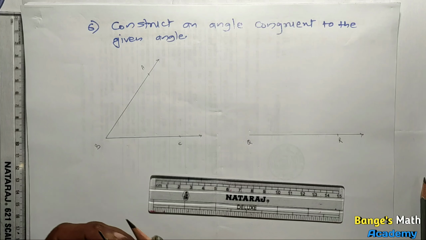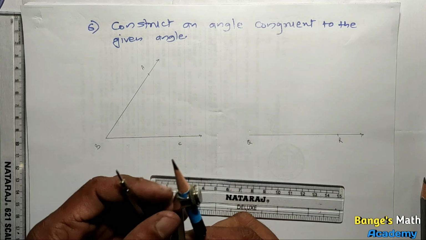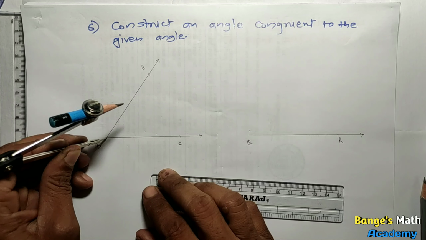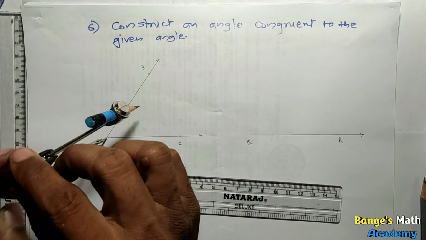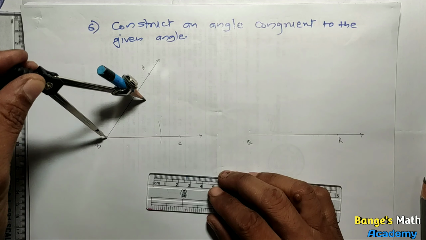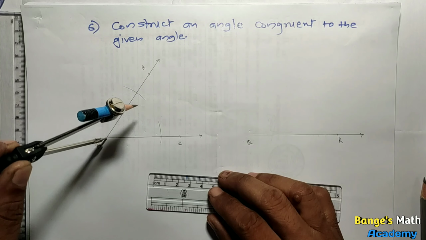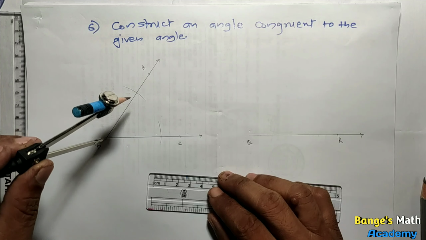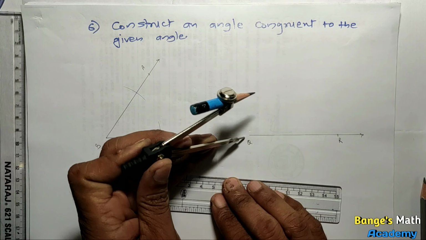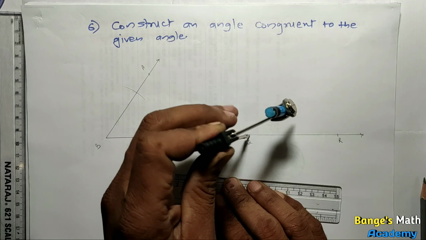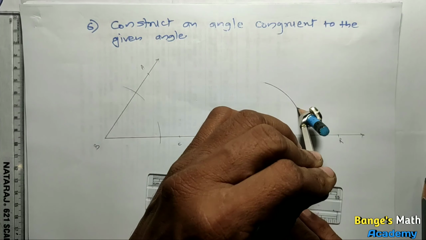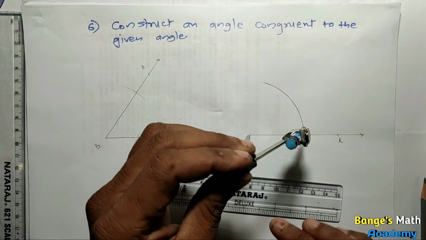Then, in compass, take suitable distance and put still point on point B and draw an intersecting arc to side AB and side BC. Then, keeping the distance same, put still point on point Q and draw an arc which intersects ray QR.